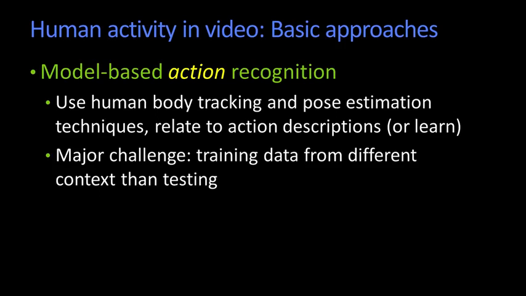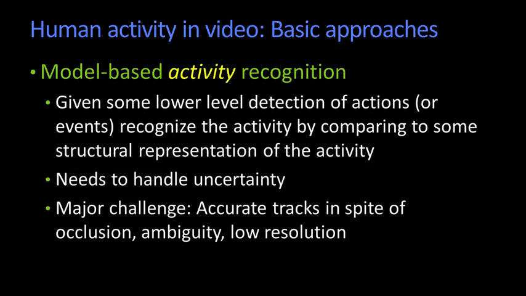Model-based activity recognition basically assumes I've got some low-level process for detecting actions, maybe probabilistically with some noise, and then what I need to do is recognize the overall activity by comparing it to some structural representation of the activity, something that defines how the different actions relate one to the other.